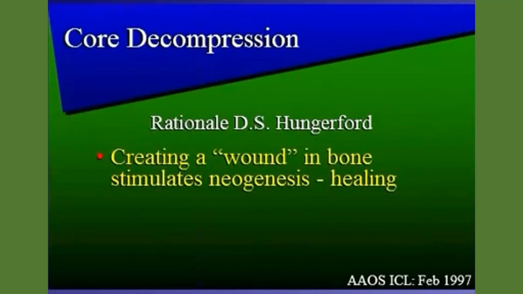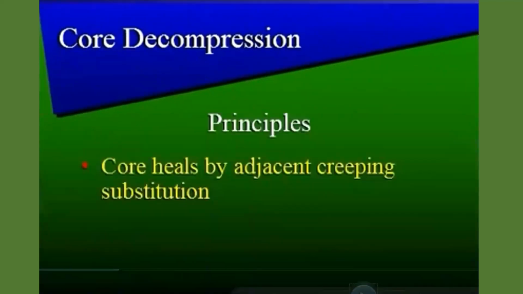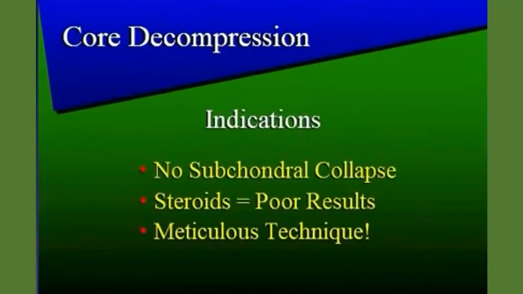Ficat stated that creating a wound in bone stimulates neogenesis healing. How? You decompress by making a drill hole, removing the bone, and this will decompress it. And they claimed that the whole core heals by adjacent creeping, no subchondral collapse, sorry.